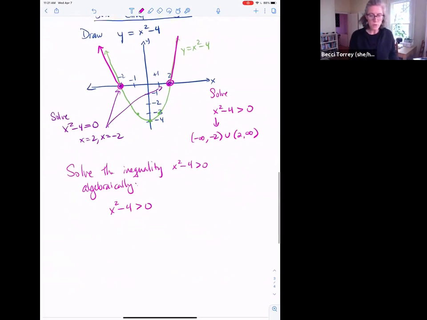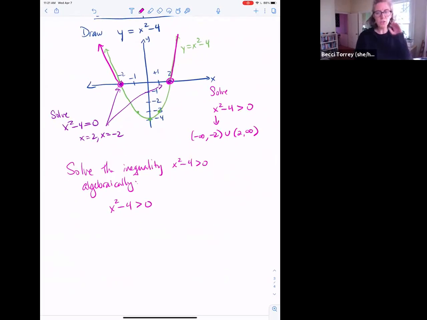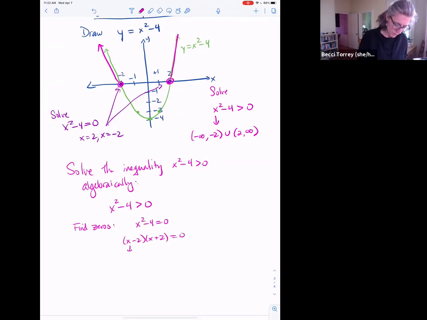The first thing you're going to do is start out the same way you would solve the equation. So we can factor it, we can find the zeros where x squared minus 4 is equal to 0. You can factor the difference of two squares, and we get x equals 2 and x equals minus 2.